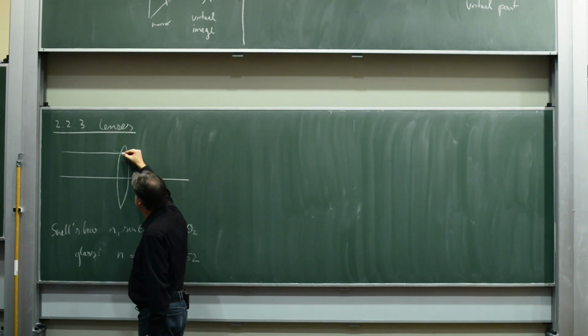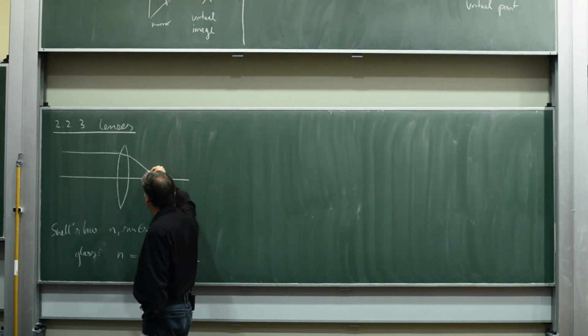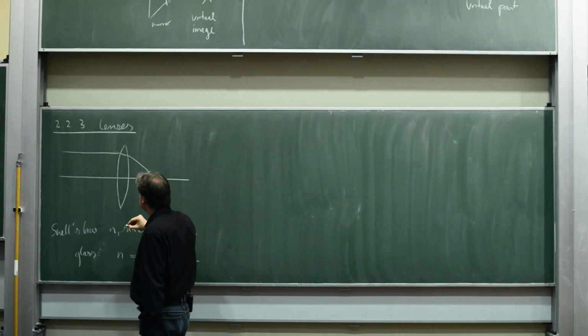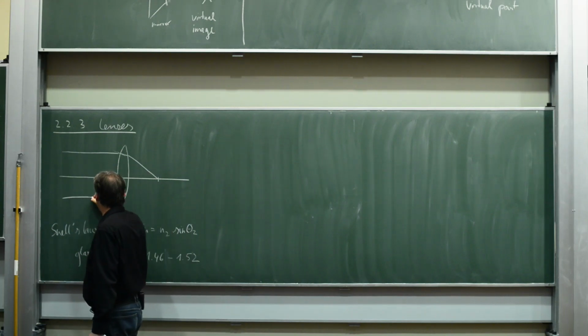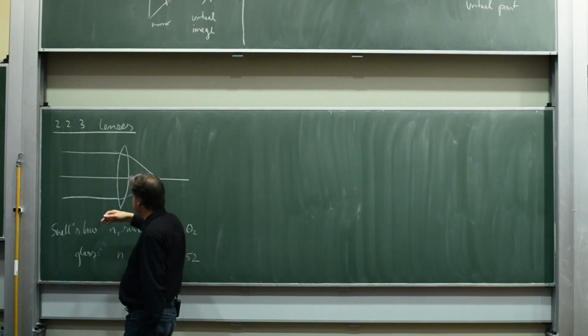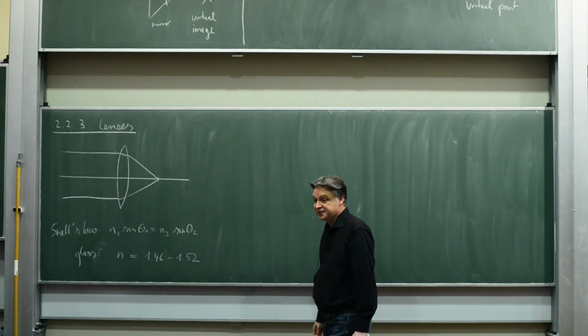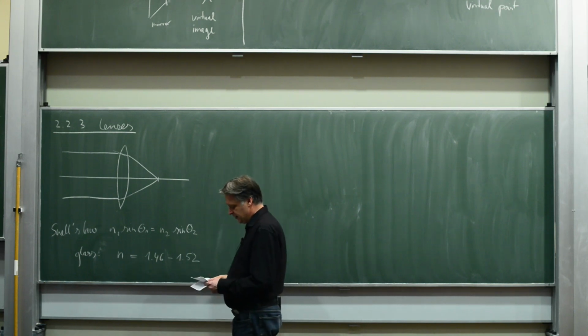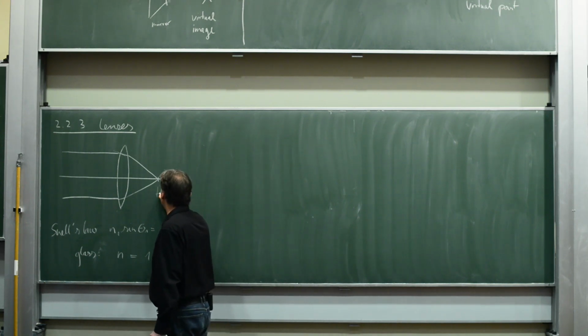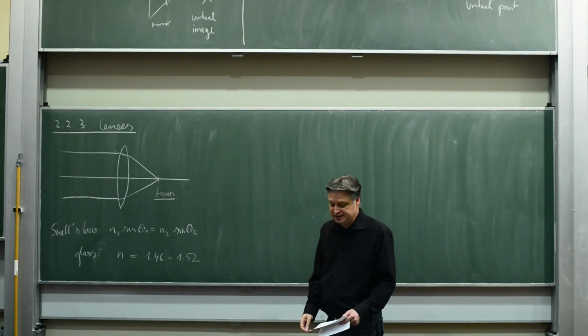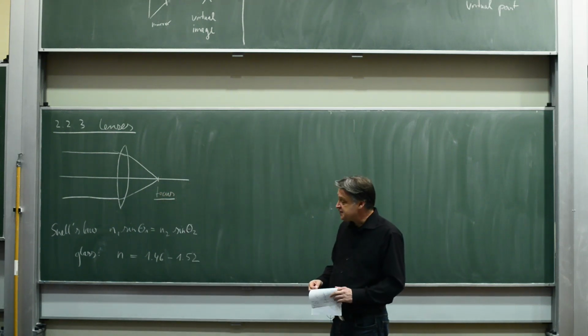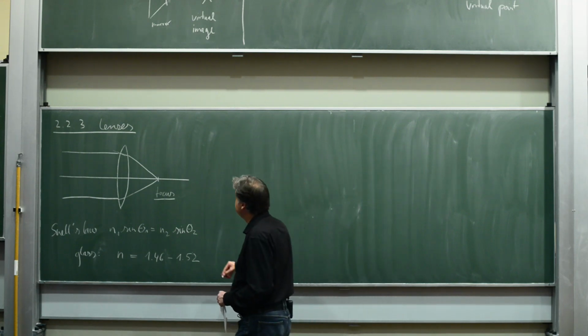So light then actually gets refracted inside and refracted a second time when it leaves the lens. The same happens on the lower part, and simply spoken for all these surfaces on the lens, and we get a focus here on the backside of the lens. This is a so-called convex lens.